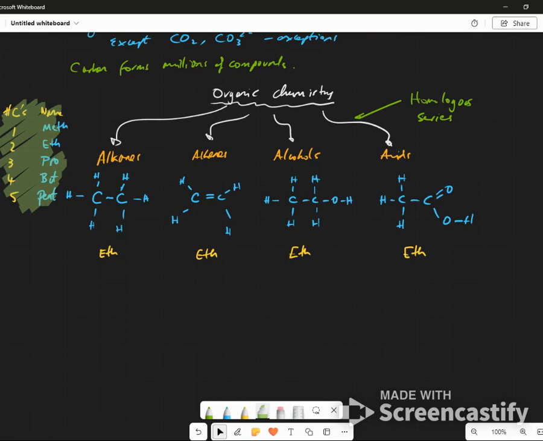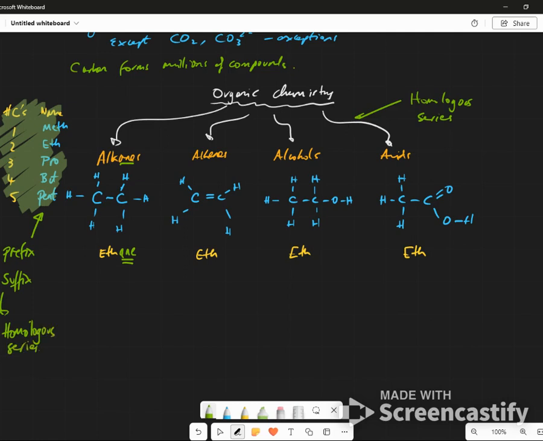Okay, cool. So now the first one is an alkane, so this gets the suffix "ane." The prefix is the bit at the start of the name, and the suffix, the end of the name, comes from whatever homologous series it is.